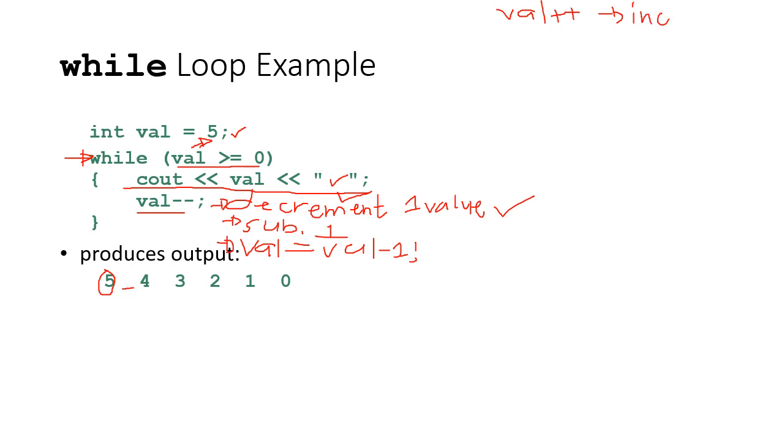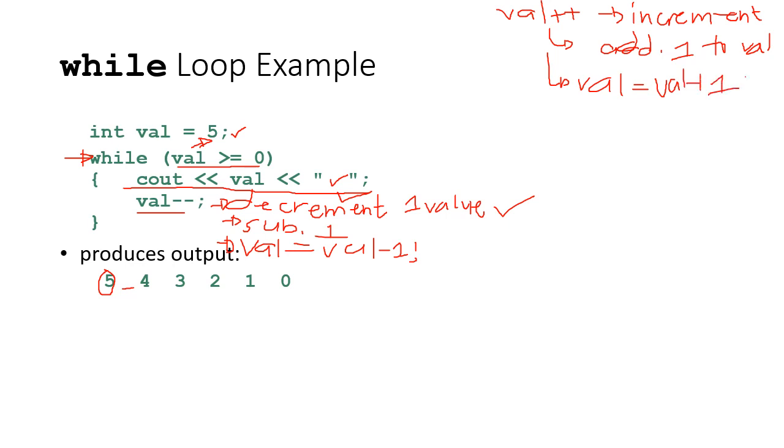So it means you will try to add 1 to the value of val, or it is similar to val is equal to val plus 1, right? So this val plus plus for increment, val minus minus for decrement.